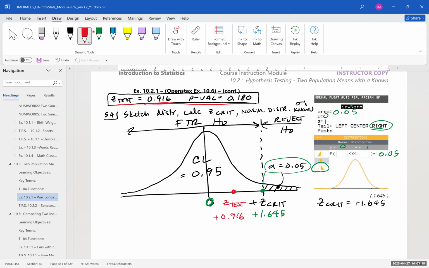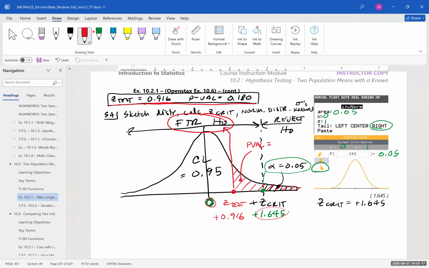That's going to be between 0 and this value. And so if we draw a line up straight from that test statistic, that's clearly indicating we're going to fail to reject our null. And the area that borders the test statistic, this is our p-value.